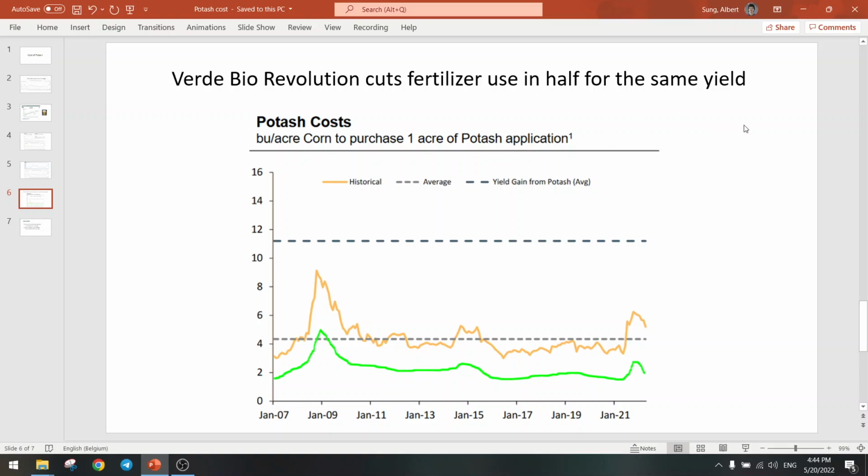But from the patent and the trials in the laboratories, I think there's a high chance that this is going to work and that we will see the cost of potash be cut in half for Verde's Biorevolution. So this is a big advantage.